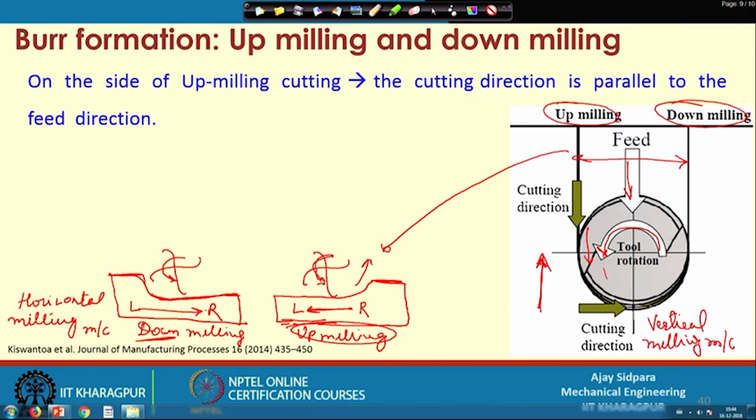Your cutting tool is moving in the anti-clockwise direction and the workpiece is moving from right to left. So, if you see this particular zone, you can understand that your tool is rotating in this direction. Let us draw it here. So, your tool is rotating in this direction. This is your cutting tool, and this is your workpiece.